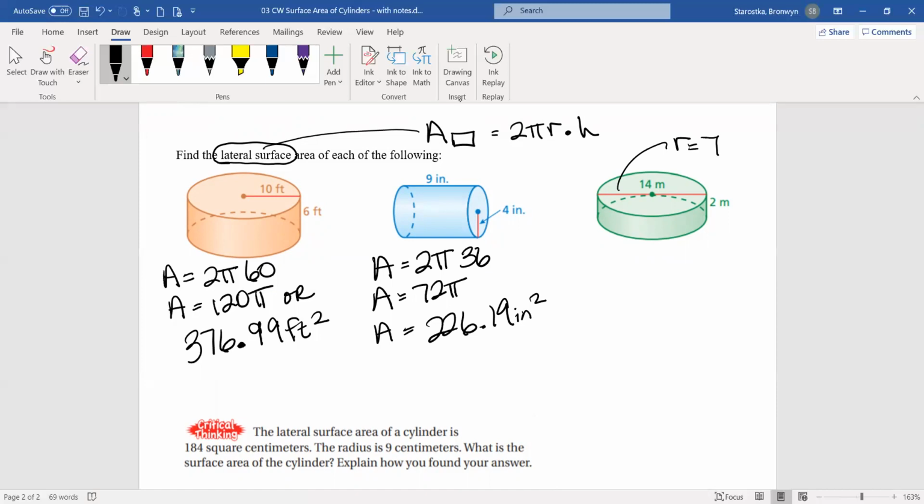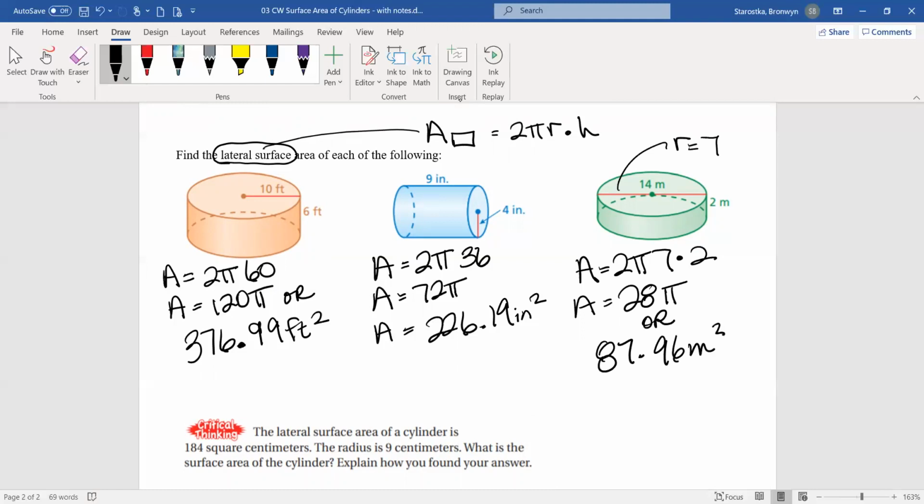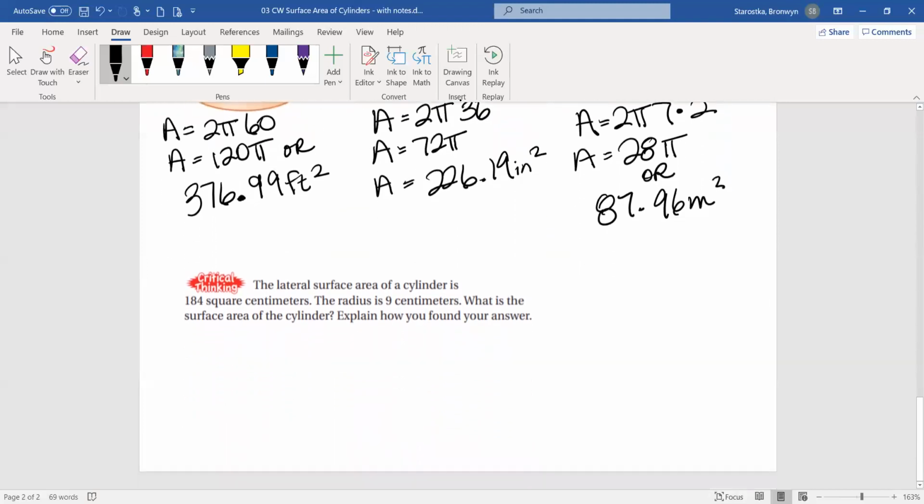We want the circumference. Area is 2 pi 7 times the height of 2. So that's 14 times 2. Area is 28 pi, or 87.96 meters squared.